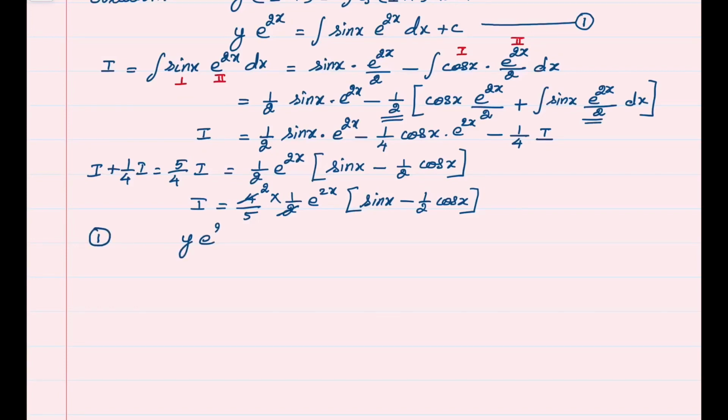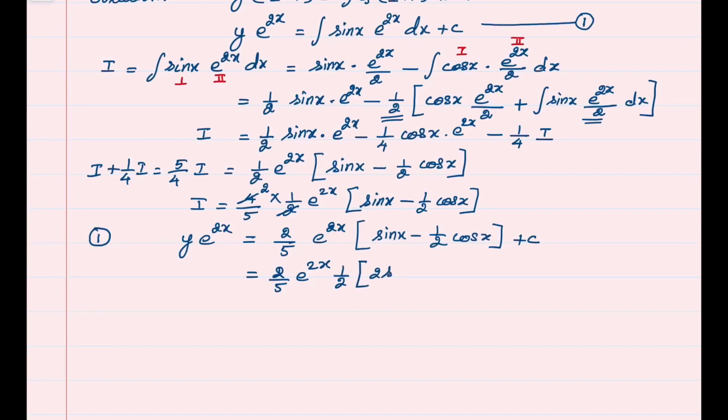y e raised to 2x equal to, that integral answer is 2 by 5 times e power 2x times sin x minus half cos x plus c. We will take half out, half into 2 sin x minus cos x plus c.